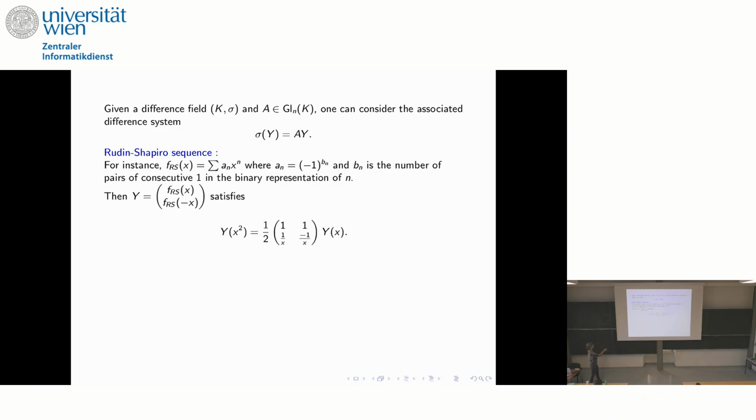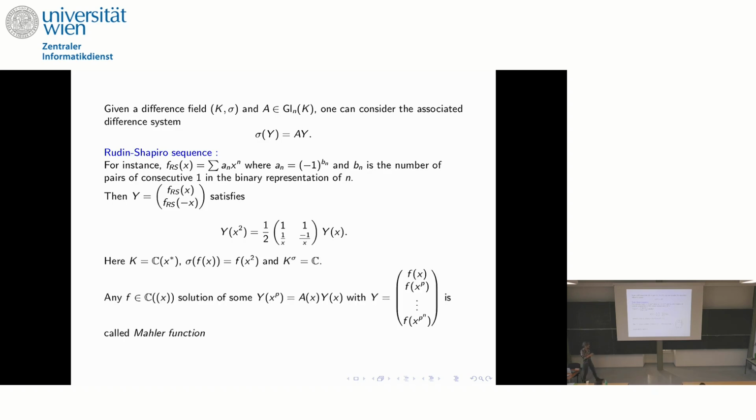So if you form the following column vector, you see that this column vector satisfies the following equation, where the base field is this field of ramified rational fractions, and this is the 2-Mahler operator.